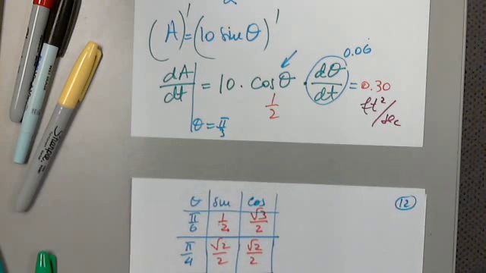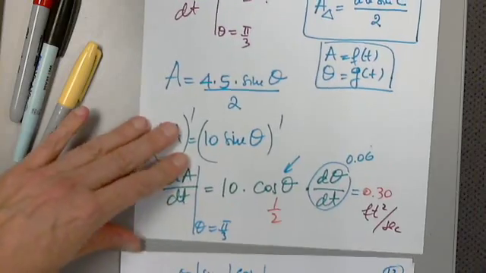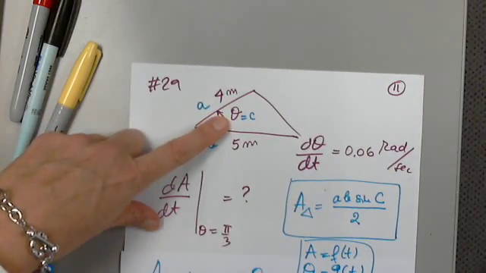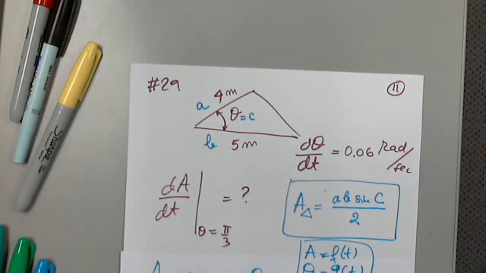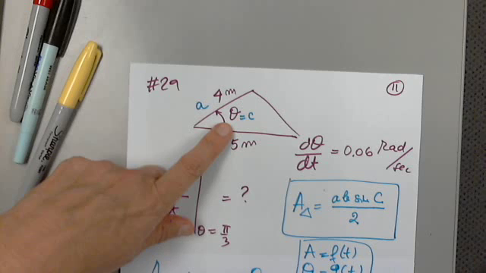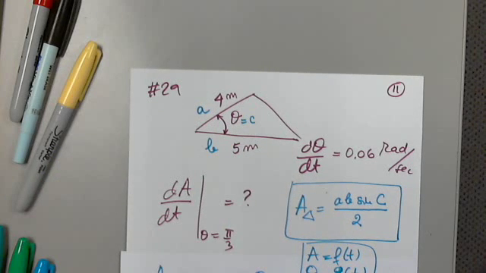So let's summarize what this was all about. Two related rates. One, the angle that was changing, that was triggering a change in the area. So once I increase or decrease this angle, of course the area increases or decreases.